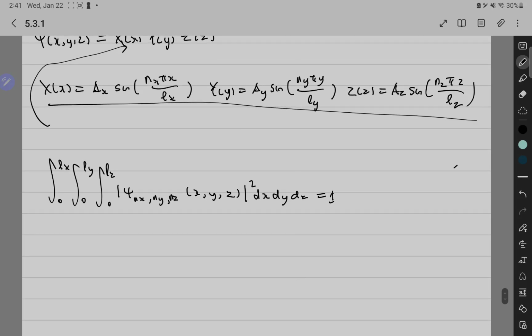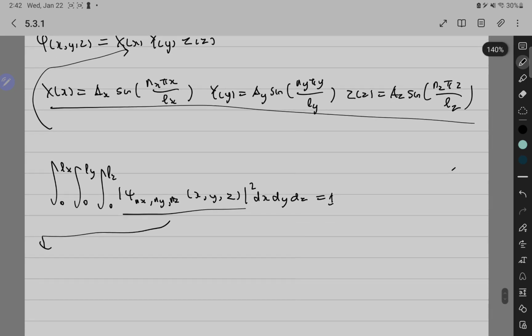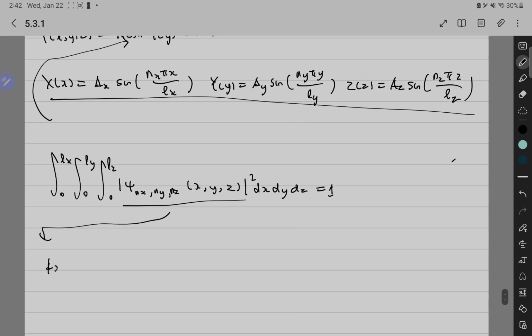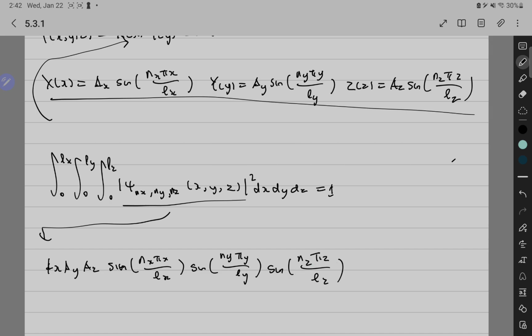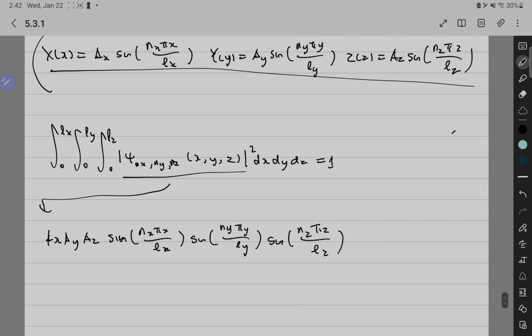And this inside is going to be Ax, Ay, Az, if we take the constant out, times sine nx pi x over lx, sine ny pi y over ly, sine nz pi z over lz.